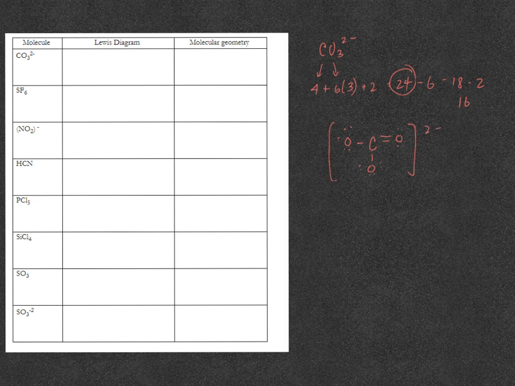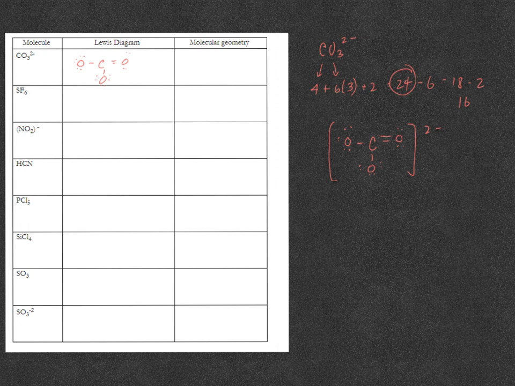And then if it's got a charge, you put it in brackets. And that is the structure of CO3 2-. So the structure, I'll put it here. Remember to draw your dots neatly. Now to do the molecular geometry, you look at the total number of electron domains, or I like to say attachments, coming off the center atom, and then you determine how many of those are bonding attachments and how many of those are lone pairs.